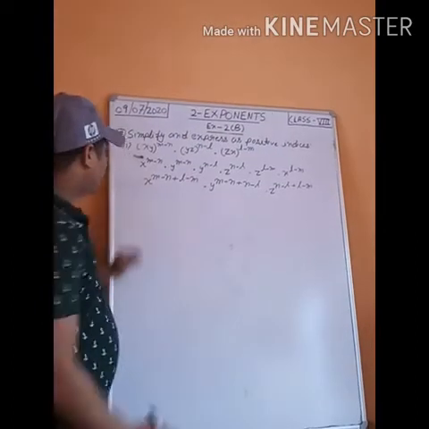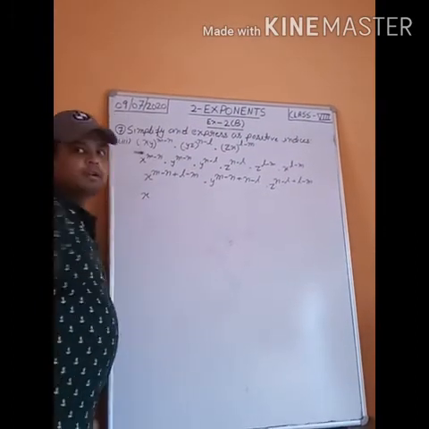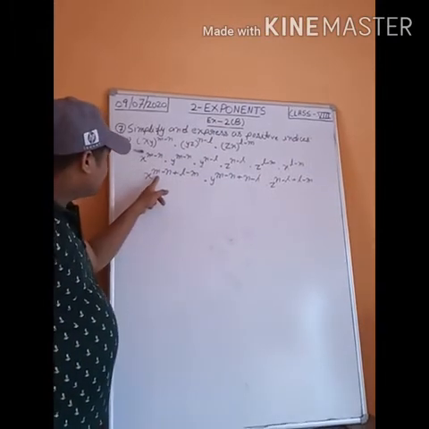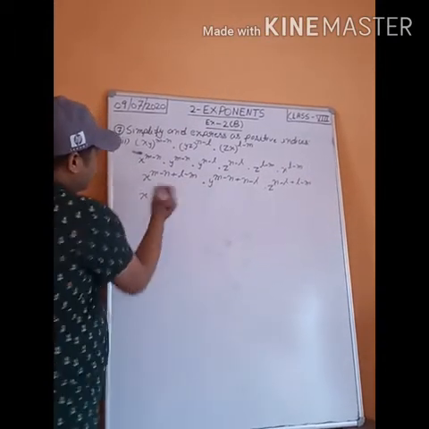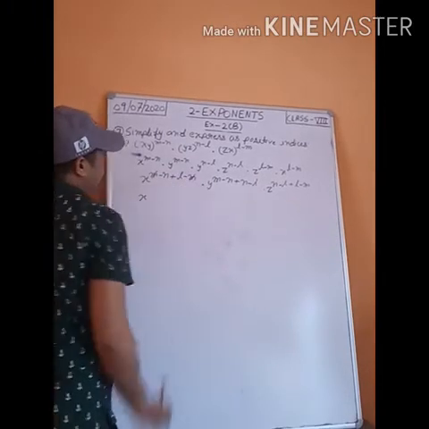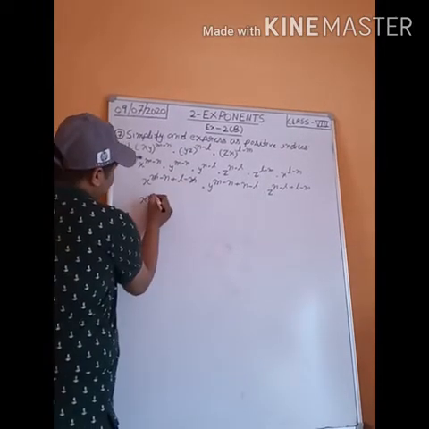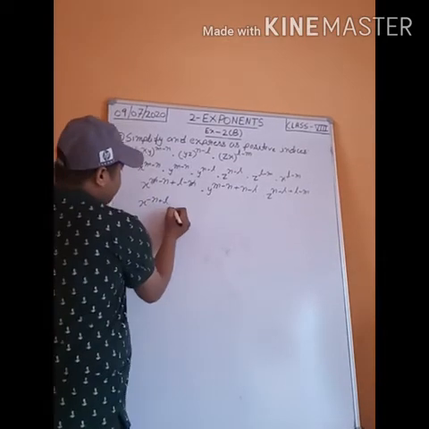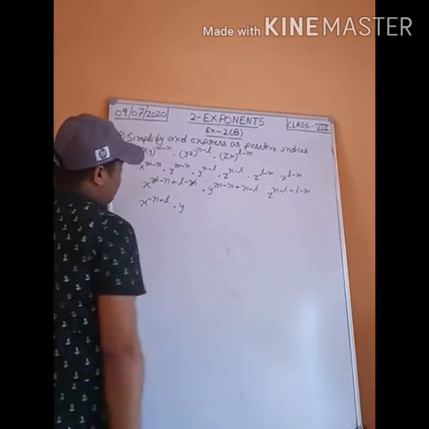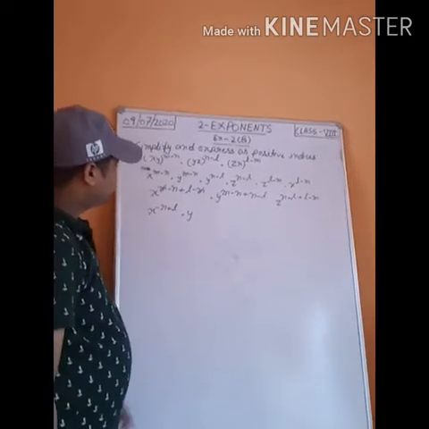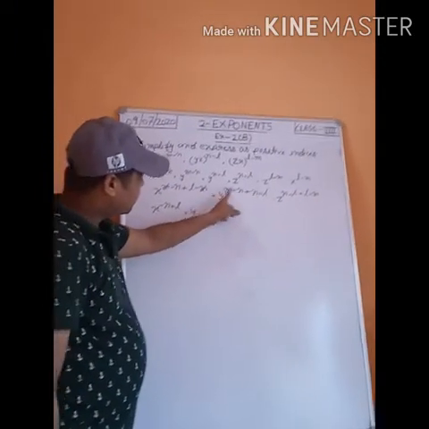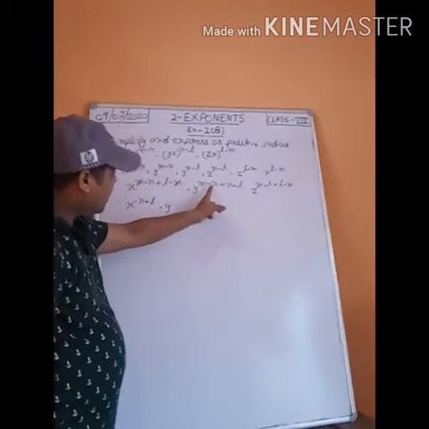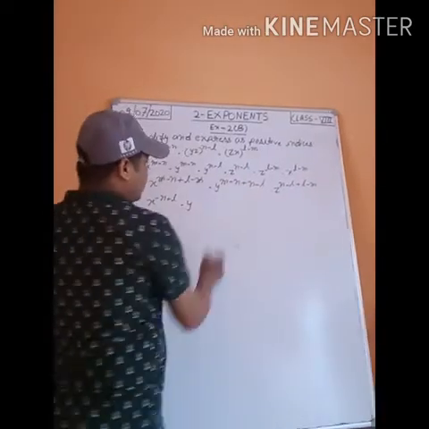So see, x raised to the power m and this negative m: positive and negative m cancel. What is left? Minus n plus l. Then y, any other m? No other m. Minus n plus n cancel.